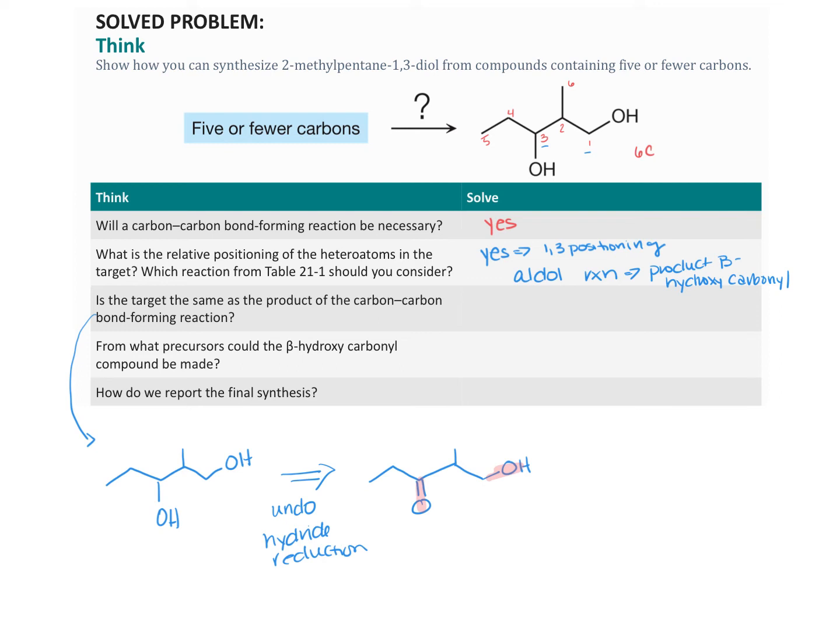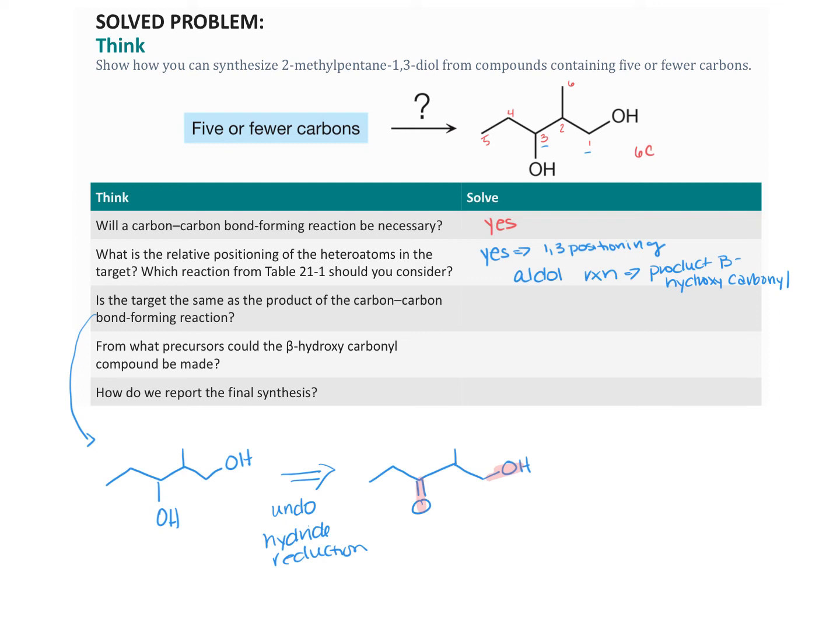Now, the problem here is that we still have 6 carbons, right? So we've gotten our functional groups back, and so now we need to think about our carbon-carbon bond forming reaction.